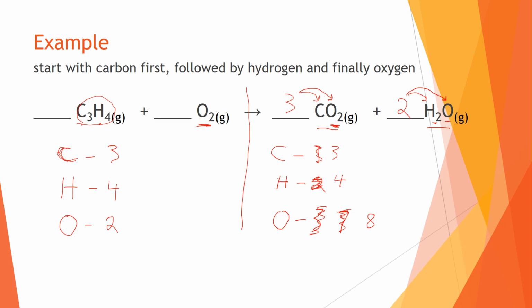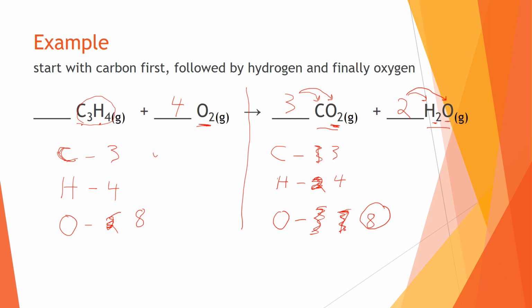So I balanced my carbons first. I balanced my hydrogens next. The last thing I want to do is balance my oxygens. I have 8 oxygens over here and 2 over here. So all I do is add a 4, and that's going to turn this into an 8.